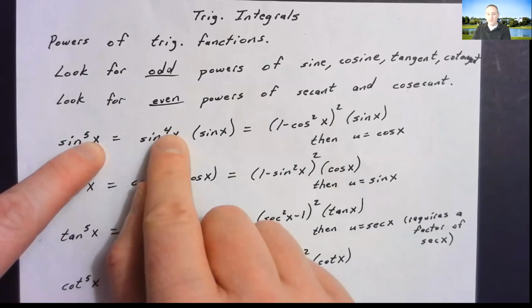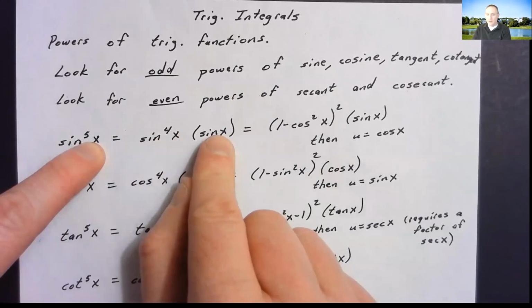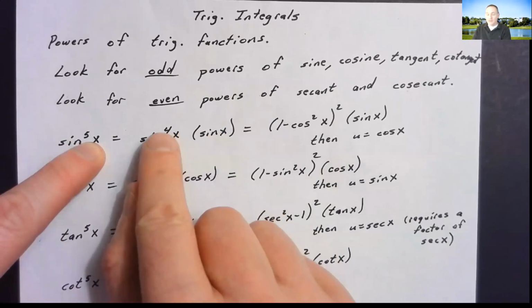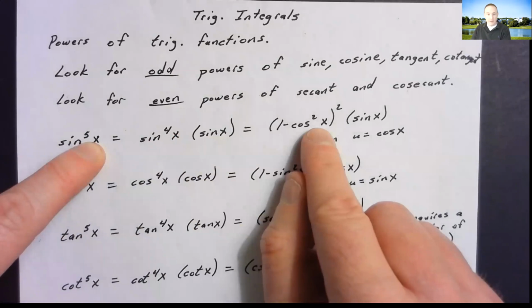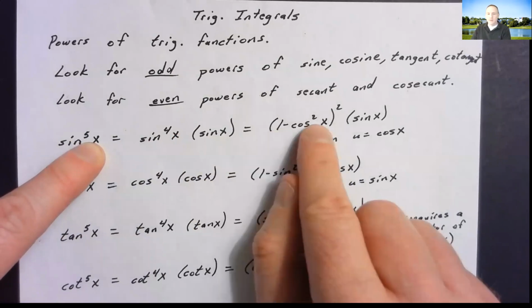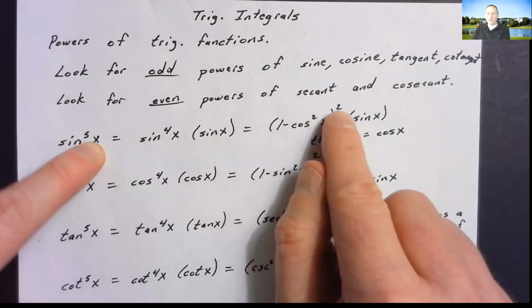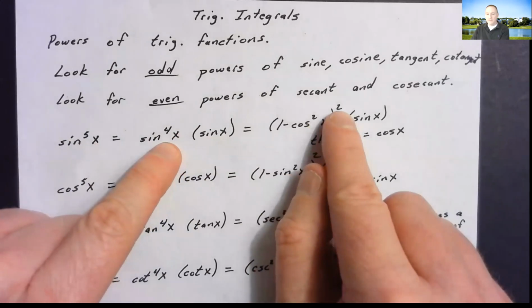So sine to the fifth is the same thing as sine to the fourth times sine. Sine to the fourth is sine squared quantity squared. Sine squared can be rewritten as 1 minus cosine squared using your Pythagorean identity. So this is 1 minus cosine squared, quantity squared, which still gives me back my sine to the fourth.